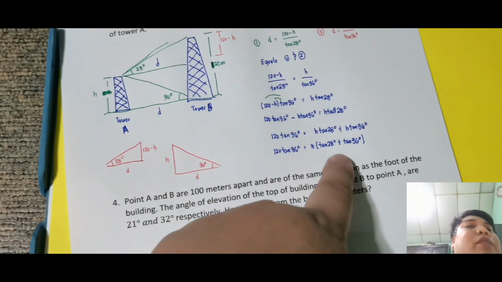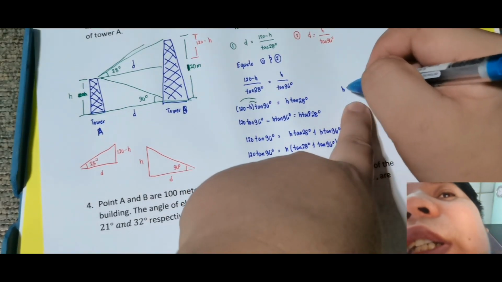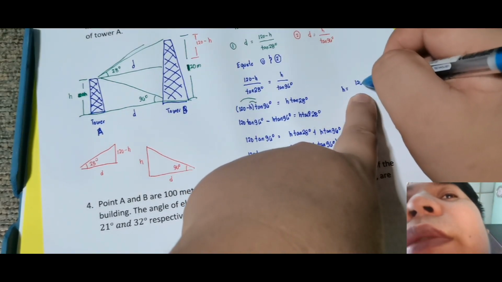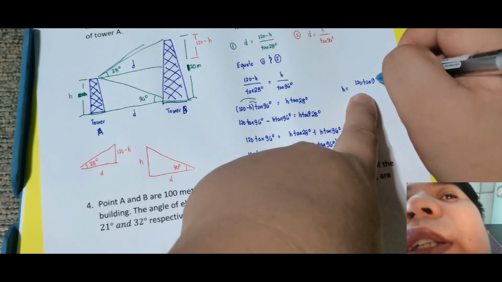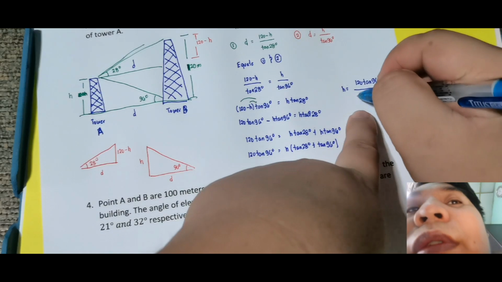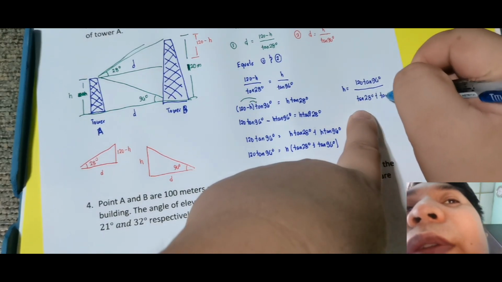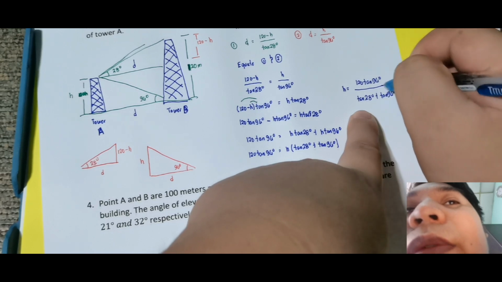Then we divide both sides by that factor to solve for h. So h is equal to 120 tangent 96 degrees all over tangent 28 degrees plus tangent 96 degrees.